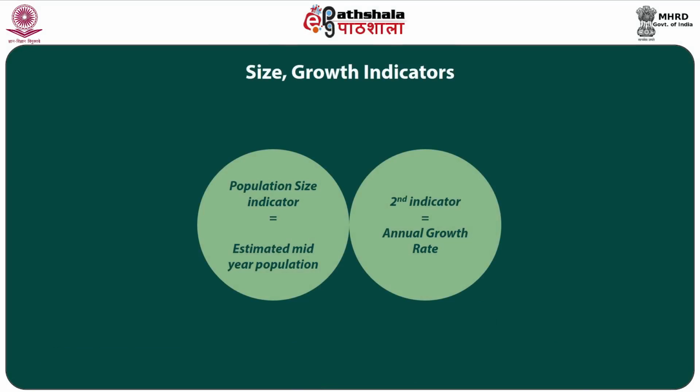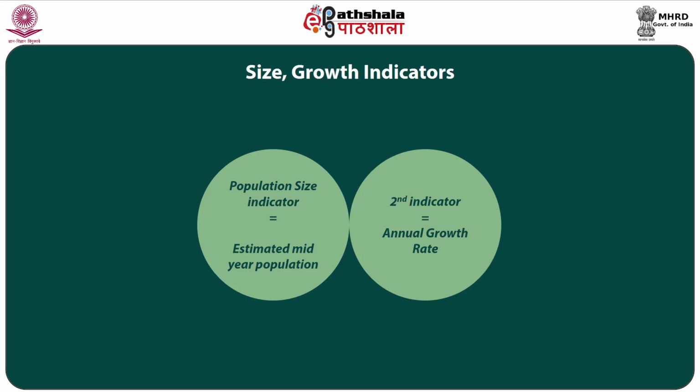The indicator in case of population size is the estimated mid-year population, and this is indicated in thousands according to the latest year. And of course, the revision of official UN population estimates and projections considers the medium variant.